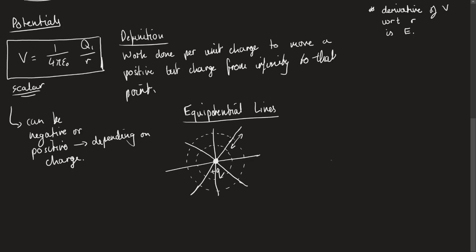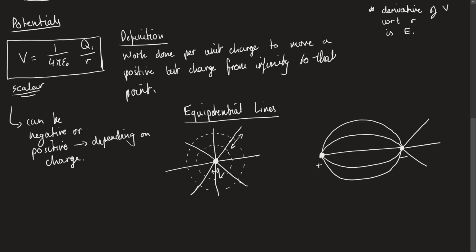But if we also have something that has a positive charge and a negative charge, we will also see a similar sort of case. If we were to draw the field lines, they're going to be attracted to each other. So I'm going to get this kind of field where all of the lines are going to join because this is an attractive force.